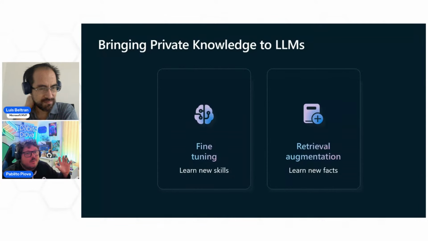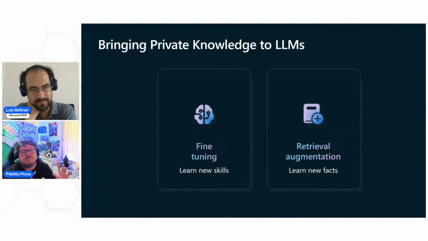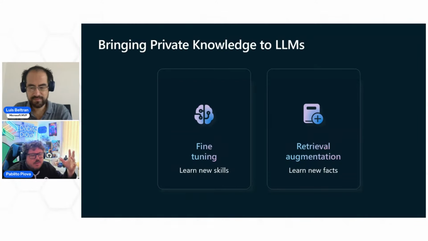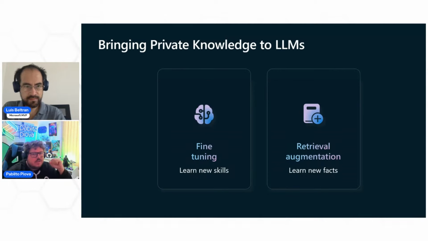Well, first thing to explain, adding private knowledge to LLM. Today, I want to talk about 2 essential techniques for enriching language models with private knowledge, fine-tuning, and retrieval augmentation. Fine-tuning allows the model to learn new skills specific to our private data. This means we can train the model to better understand and respond in particular contexts relevant to our organization. But, well, we have another strategy, in this case, retrieval augmentation.